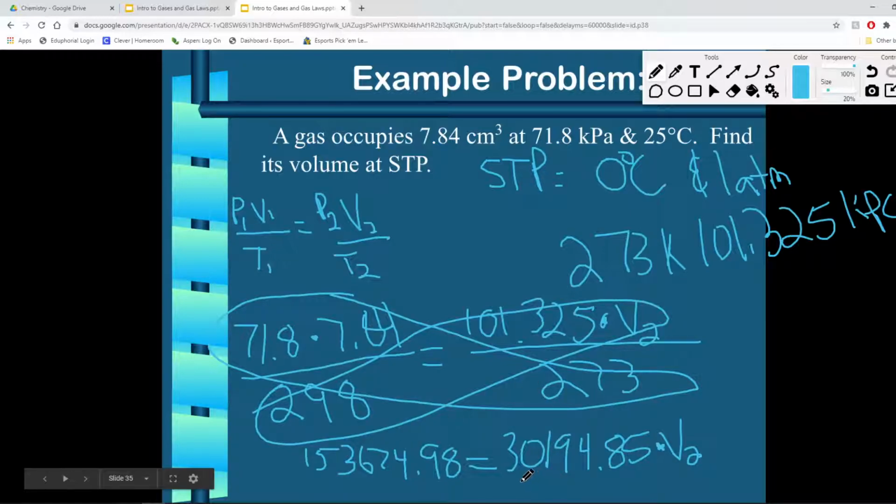And then same as the last time, in order to cancel this out, we have to divide by this whole number here to get V2 by itself. So divided by 30,194.85. I'm kind of running out of room down here.